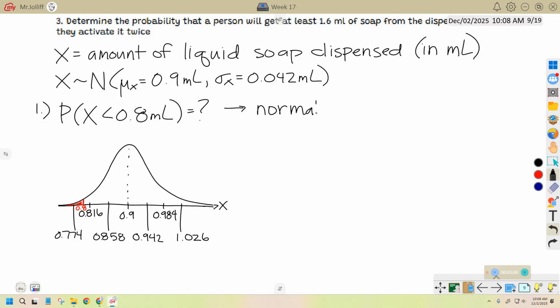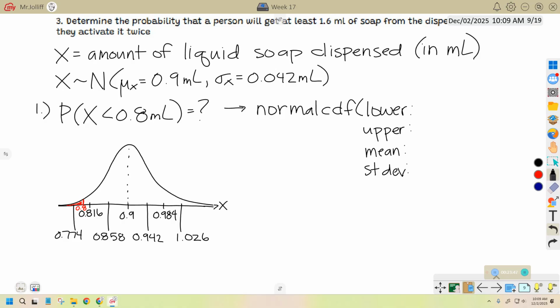I'm looking for probability for a normal distribution. That's normal CDF. What is my lower bound? 0. You'd think, right? You could technically use 0 here, but what do we do as default?